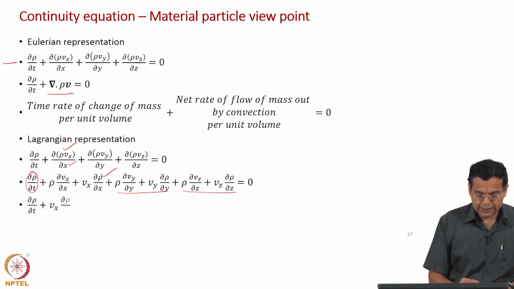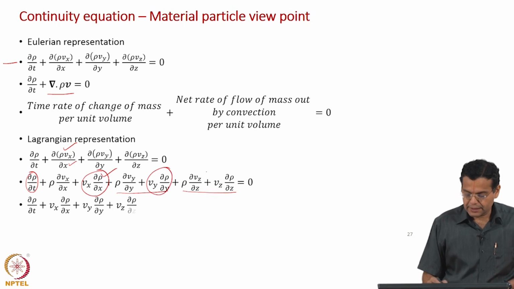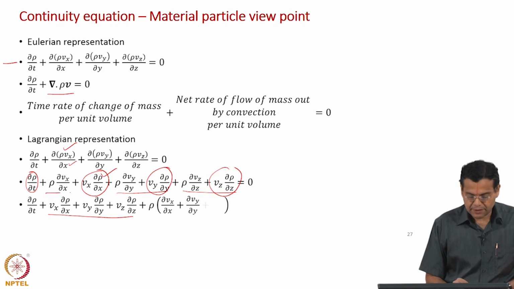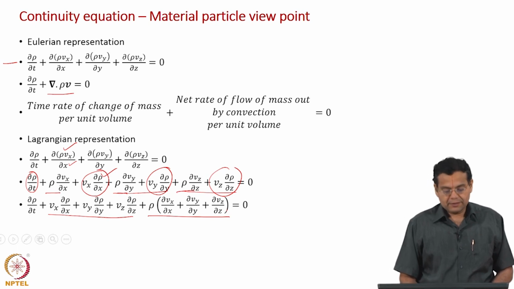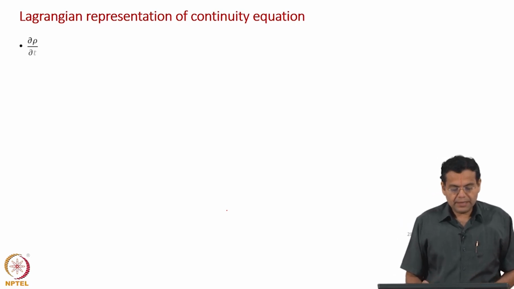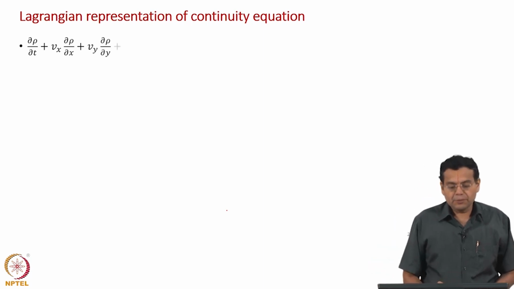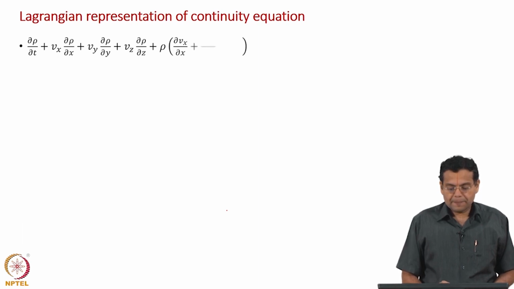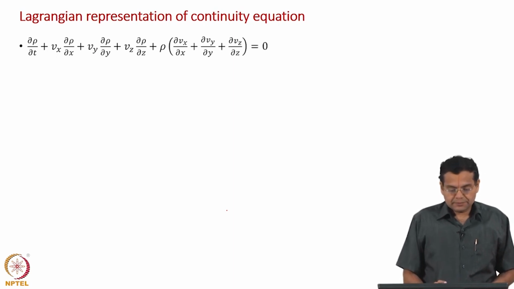First we have dou rho by dou t, and then let us collect these three terms, and they are written here, and then the rest of the terms are written here where rho is a common factor. Let us rewrite that last equation here, and then we will be able to easily identify terms of physical significance.